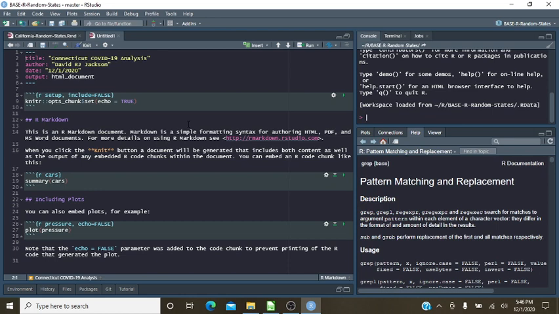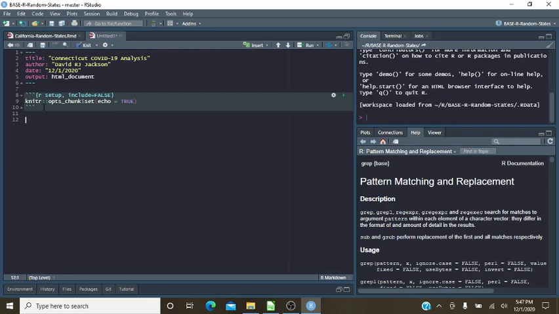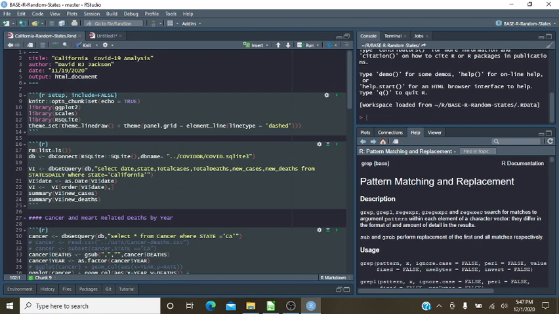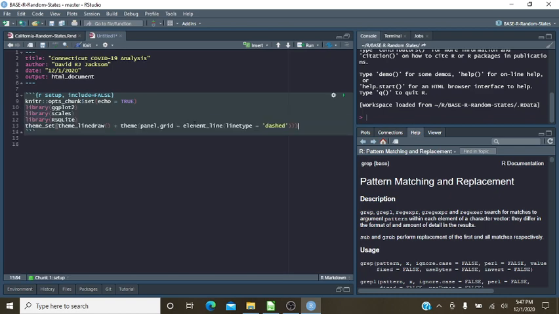I'm getting rid of my random state report for the state of Connecticut. So let's just get rid of all this excess stuff right here. Back over here. Let's take all this stuff right here. This kind of sets up our environment.